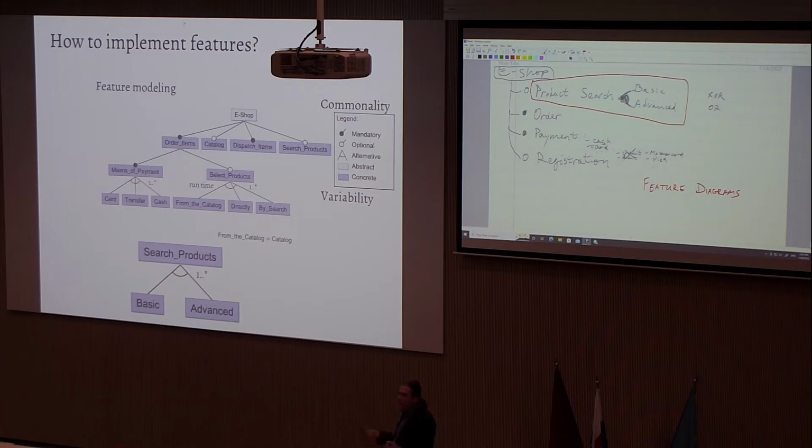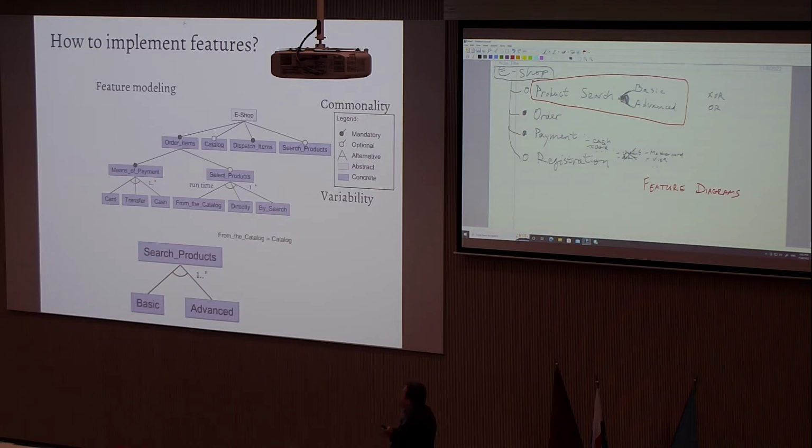And when I express these things, and I know what these features represent, I can decide on appropriate implementation mechanisms that will allow me to maintain this software product line, to include or exclude features as I need to do this.